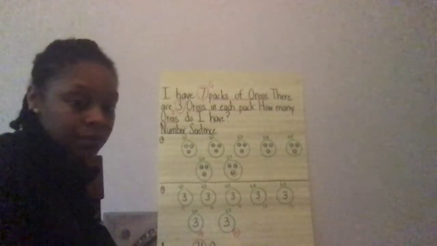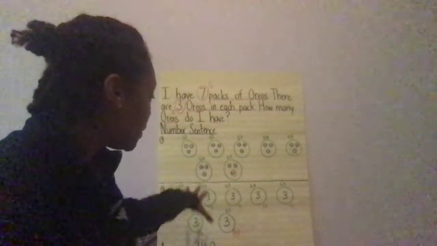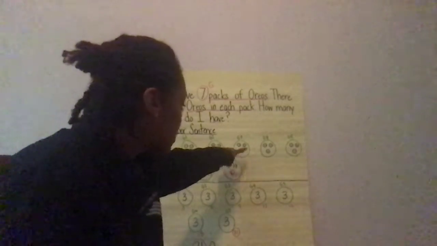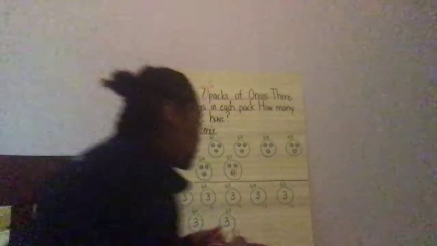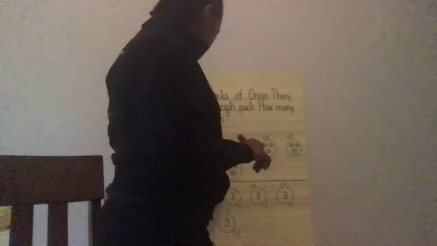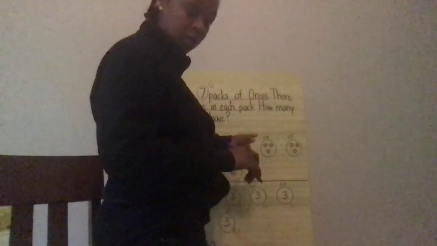Now, thinking about the number sentence that matches, I'm looking for the total number of Oreos. So if I look at my picture, my Oreos are inside the group. So there's 3 in this group, 3 in this group, 3 in this group, and my total was 21. So the number sentence that matches is 3 plus 3 plus 3 plus 3 plus 3 plus 3 plus 3 equals 21.